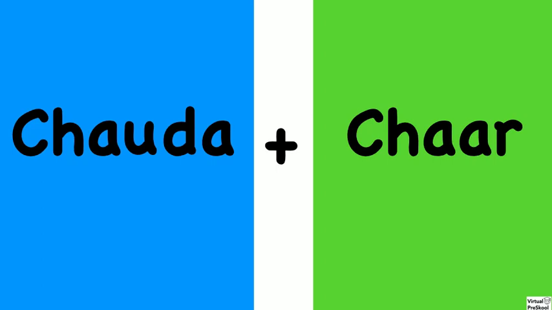All right, next one. 14 plus 4. What is 14? Count it out. And what is 4? All right, so if you said that 14 is chaudah, very good. And if you said that 4 is char, excellent. So what is 14 plus 4?